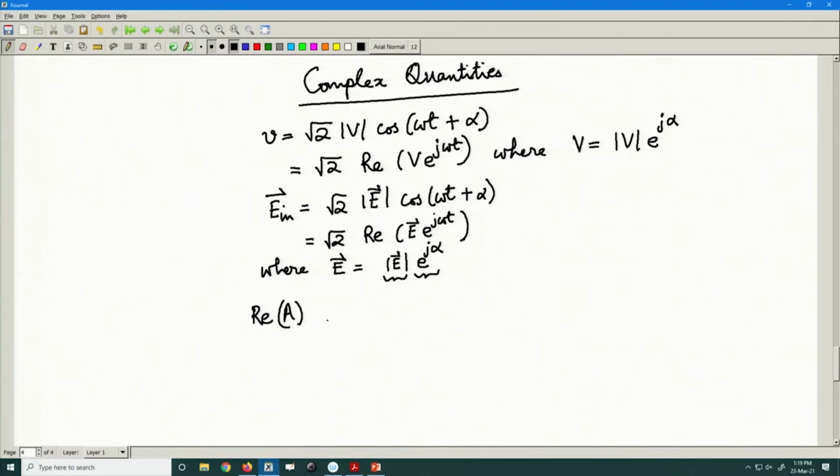Real part of A plus real part of B is real part of A plus B. Real part of alpha A is alpha real part of A, where alpha is a constant.